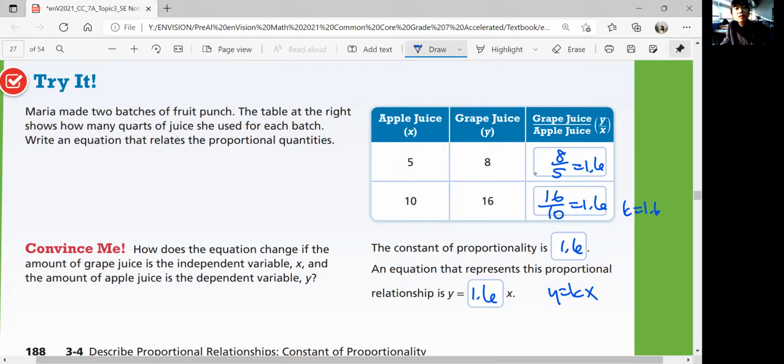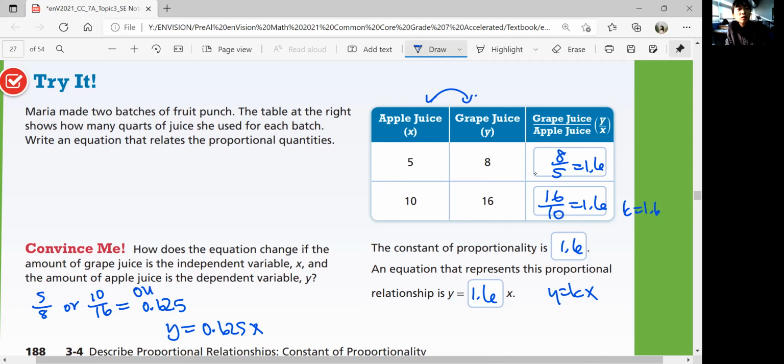So what if we switch these two? We're going to get a different constant of proportionality, which is 5 over 8 or 10 over 16, which is equivalent to 0.625. So what's our equation? The equation is y equals 0.625x. Okay?